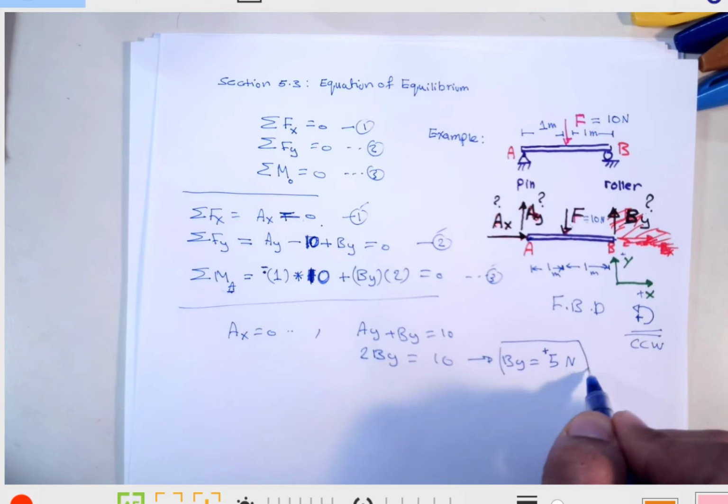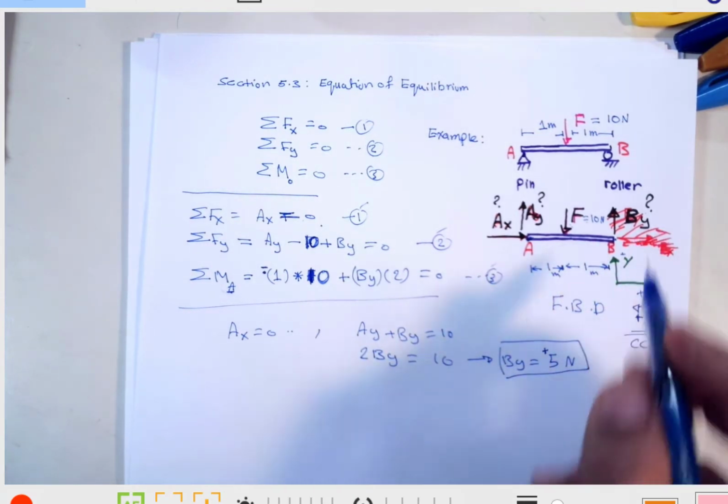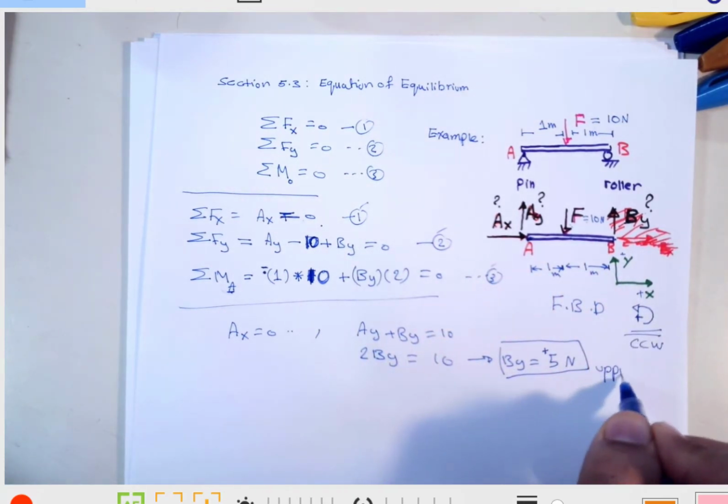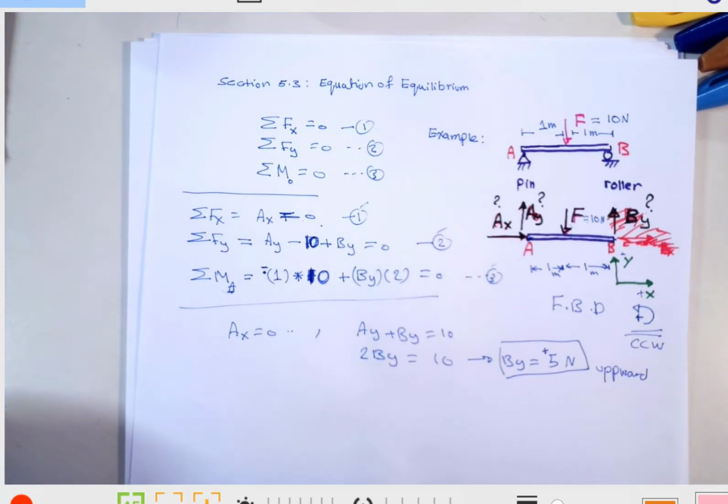If you got that as a negative, then it should be opposite, but this is upward because it's positive. Now let's examine the second one.